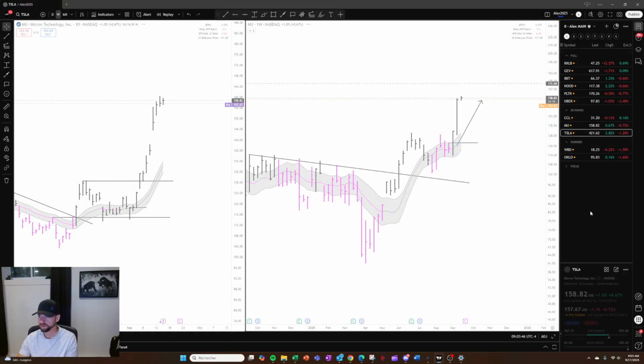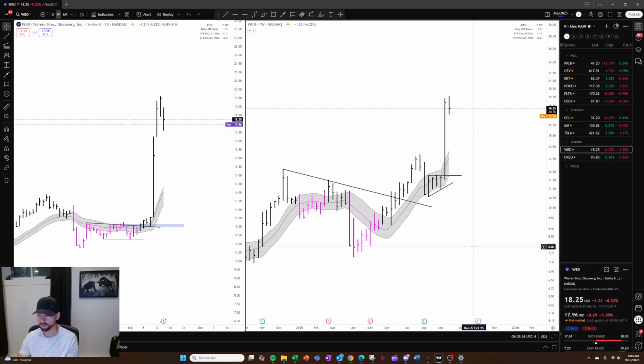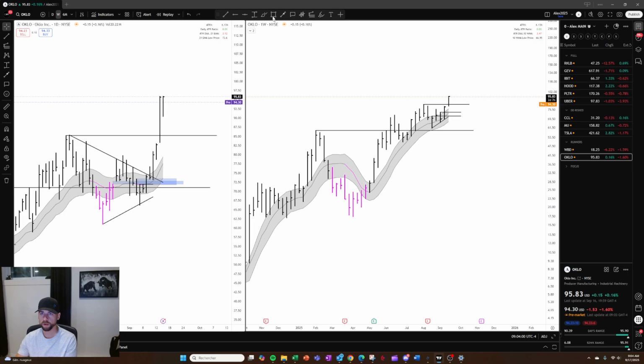Let's see how it goes. Tesla, same thing, pretty extended, but it's de-risked, so trailing the weekly structure. Same thing for Warner and Oklo as well, trailing the weekly structure for the larger move.